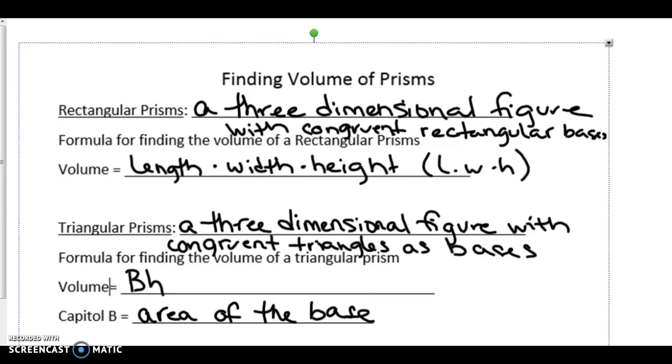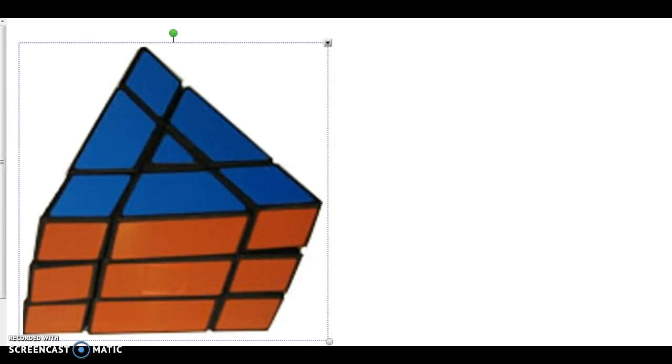This formula works for every single prism. And let me show you what I mean. Okay, looking at this prism, this is a triangular prism because here's our triangle. If I found the area of this triangle, and this is kind of like a Rubik's Cube, but it's triangular shaped, that would be like here.